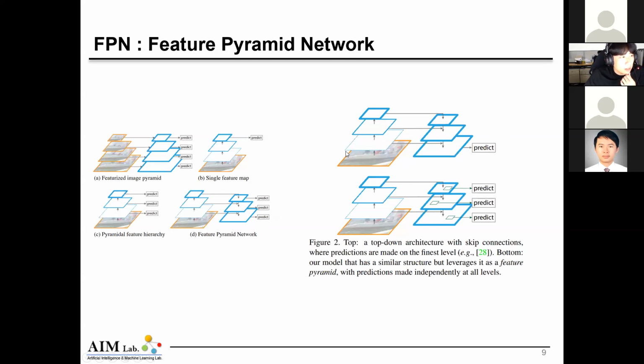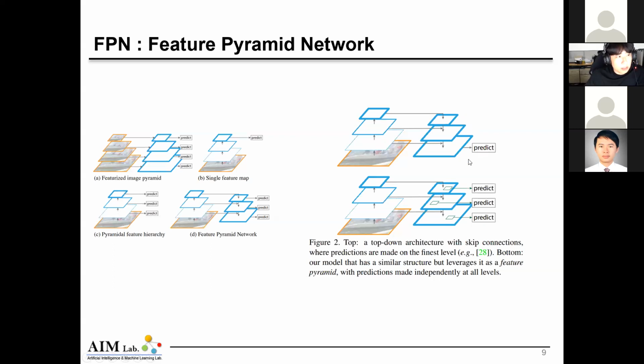They pass the image to the convolution layers to reduce the size of the image, and then they go back again. I mean, upsampling the feature maps to the previous layer's feature map size, and then they connect the same size features using skip connection, just adding.